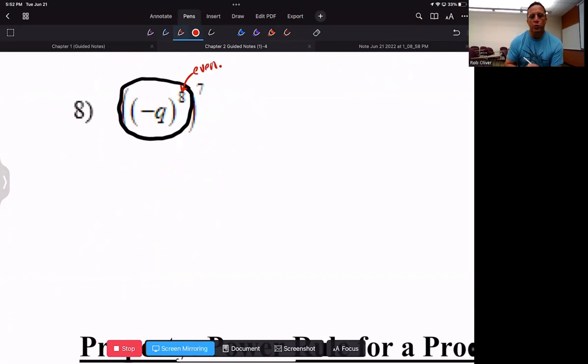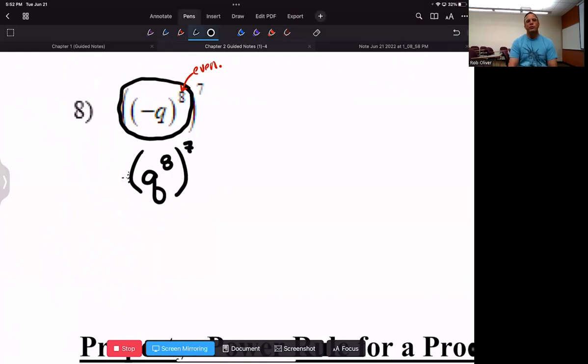So we're going to use the rule that we know about even exponents with a negative base, which means that if the base is negative and you have an even power or exponent, it's going to come out positive. If we simplify that, I know it doesn't seem like we're simplifying it much, but that becomes q to the 8th, positive q. You don't have to put a positive sign there, but it's positive q to the 8th, to the power of 7.